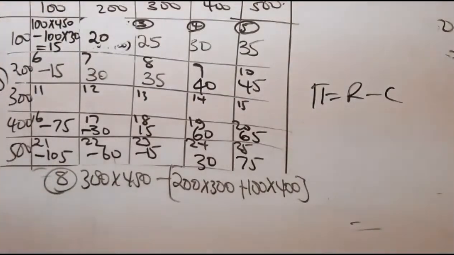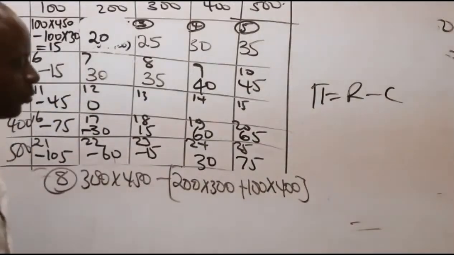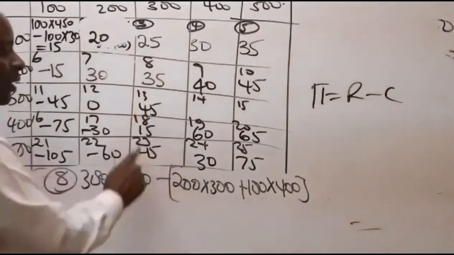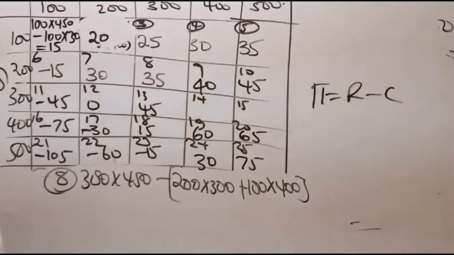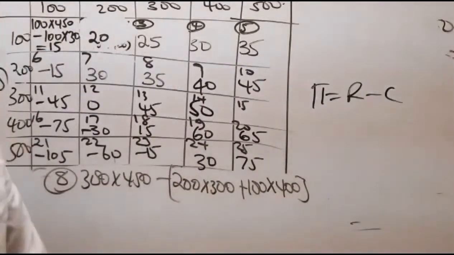So cell 11 is negative 45. Cell 12, I'm being told is 0. Cell 13 is positive 45. Right, thank you very much. How about cell 14, 15? Are they 50 and 55? 14 is 50. Lastly, 15 should be 55.